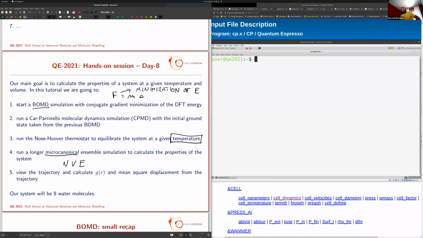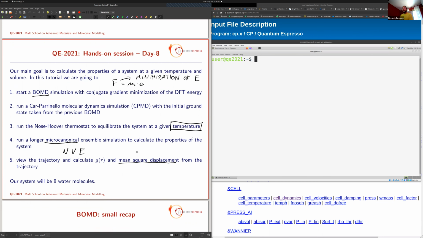At the end of the day, we will calculate the pair correlation function that was explained by Professor Scandolo before, and also another dynamical quantity, the mean square displacement, that is able to tell us, for example, if the system is liquid or solid, or if some atomic types are diffusing and others not, stuff like that.